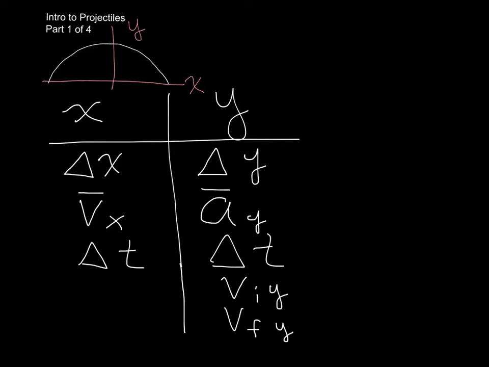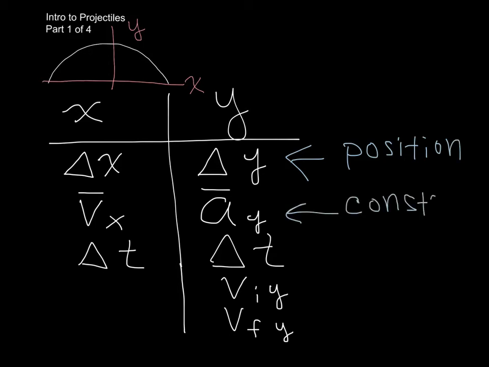So things to note about this: these first pieces here are position. The second two pieces here are both constants. So on the x side, when we're talking about horizontal motion, that velocity is constant.